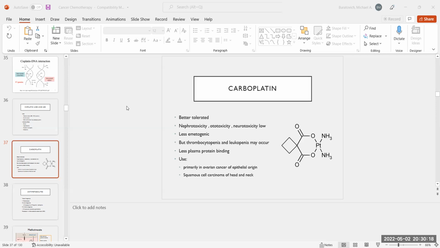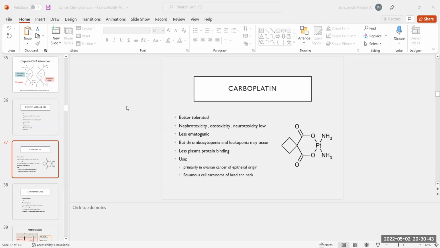Tetrahydrofolate is essential for single carbon transfer reactions, which are essential for the synthesis of thymine. Without tetrahydrofolate, you are dead in the water. And so that's how methotrexate works.